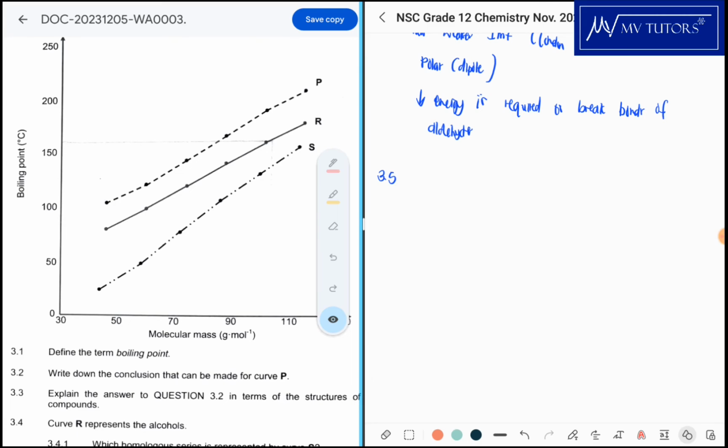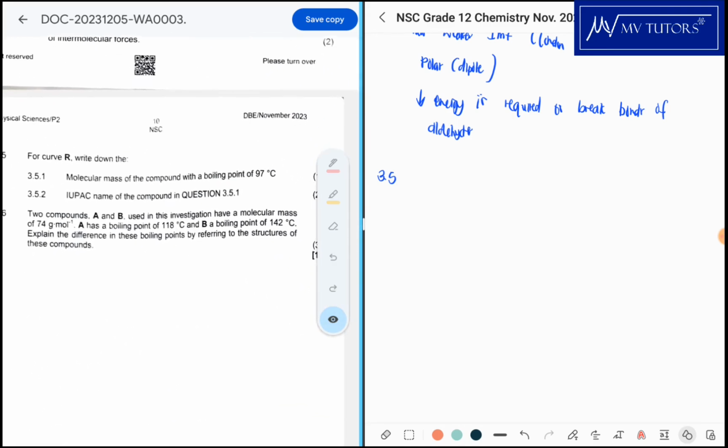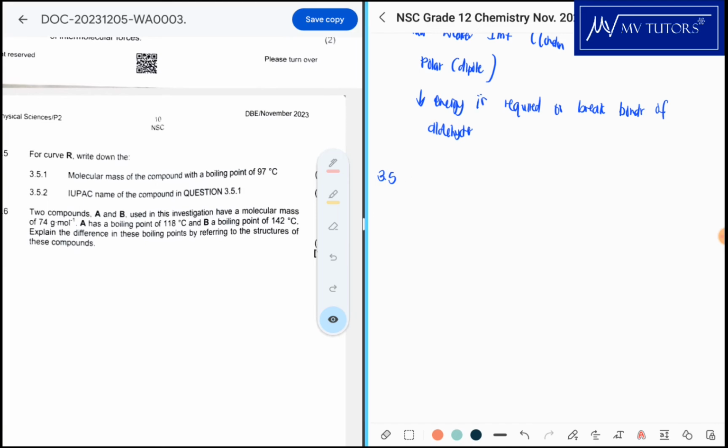I see the student took 97 for molar mass. They're supposed to take 97 degrees. But yeah, let's just try to see. So there's 100. I would think 97 is somewhere around there. Not exactly accurate, but you who had the graph paper, you should be able to do well. So it's somewhere around 60. Okay, so we can say that the molar mass of the compound, 3.5.1, I would say 60 grams per mole.